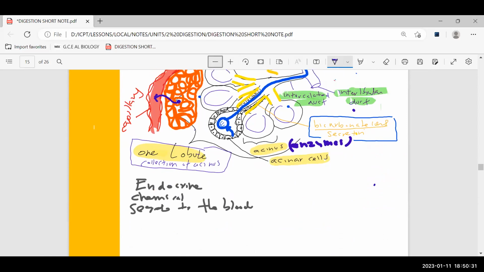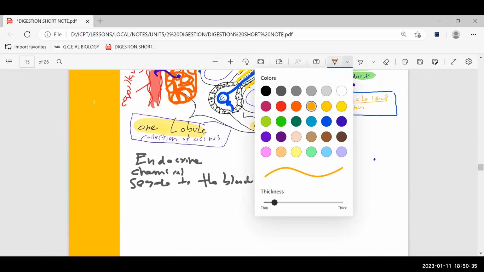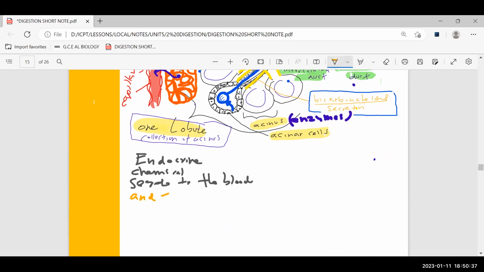Endocrine is a chemical secreted to the blood and it travels with the blood to a distant place for its action, right?